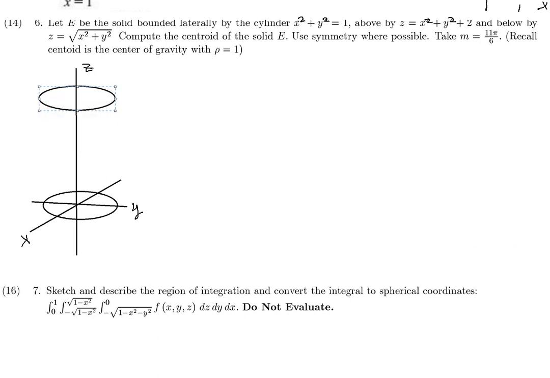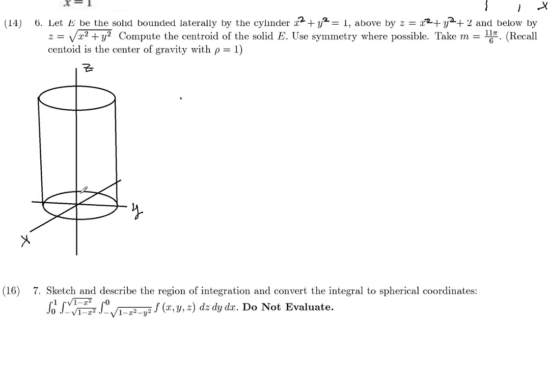Right there. So this is that cylinder. So that's what bounds it on the sides. And then the region's bounded above by x squared plus y squared plus 2. So a circular paraboloid shifted up 2 units.